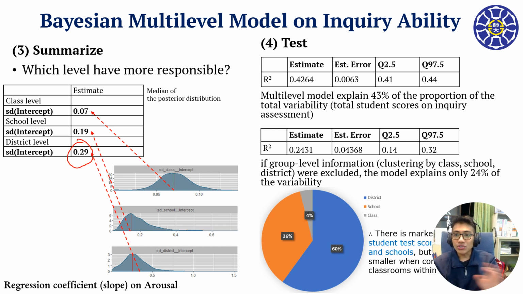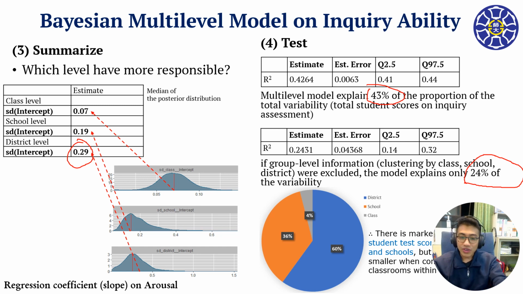And then we tried to test. We found that if we put the levels, district, school, and class, the proportion of the total variability explained is 43%. But if we exclude them and only put the score, it only corresponds to 24% of it.